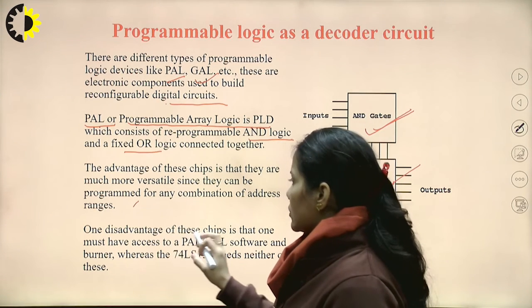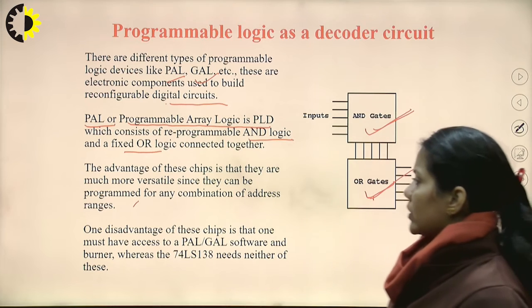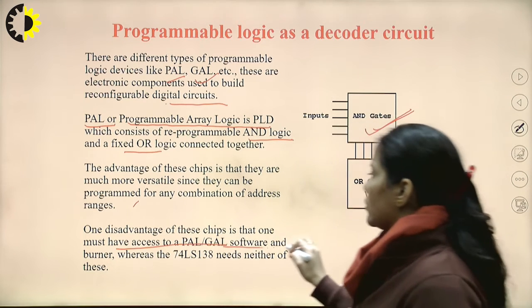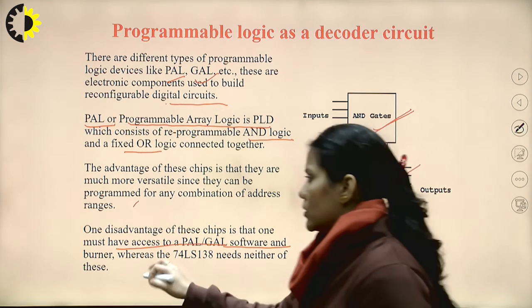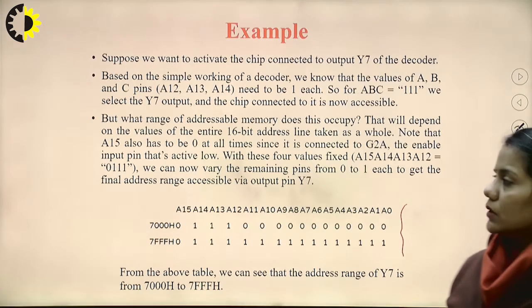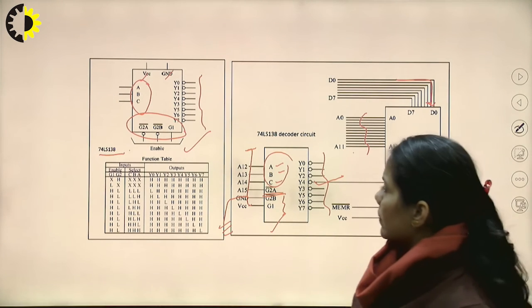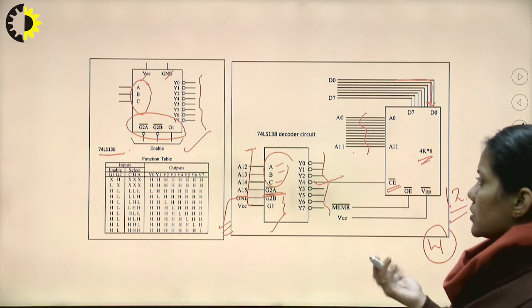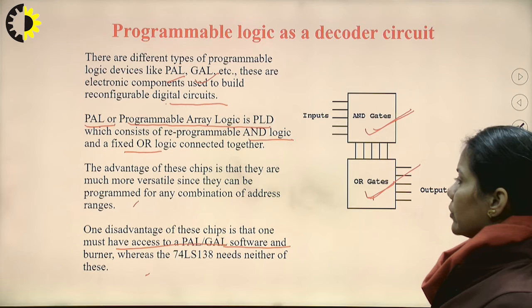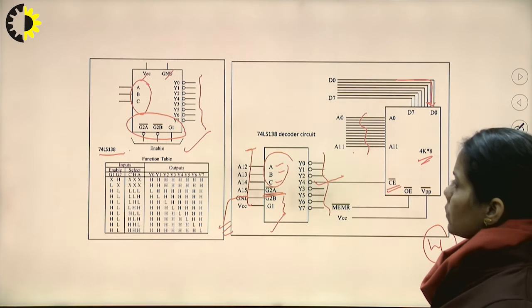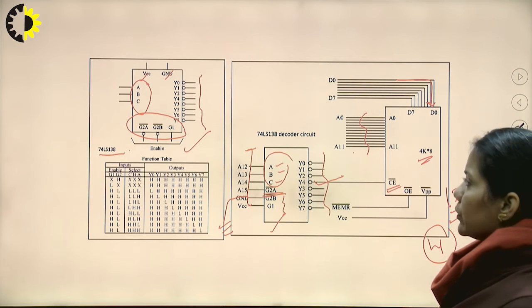One disadvantage of these chips is that one must have access to the PAL software and burner, whereas the 74LS138 needs neither of these. So this was the advantage with the decoder that we studied here, that there was no need of such burners and software or burner programs. In this way, the decoder was simpler to use.